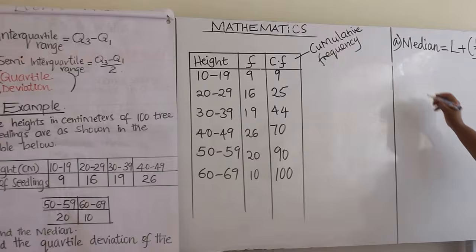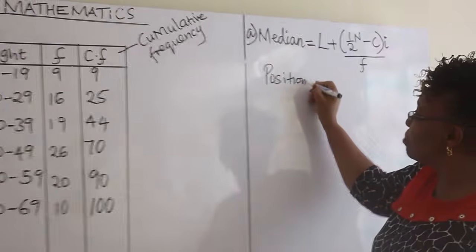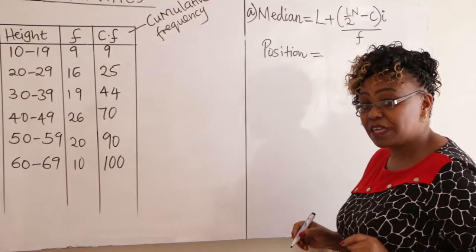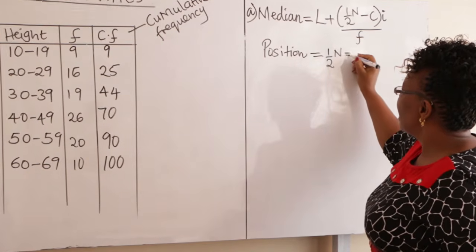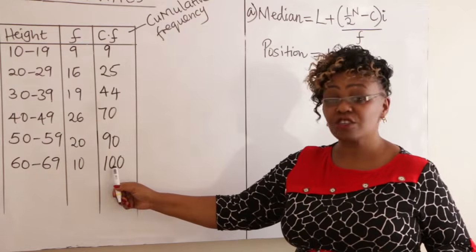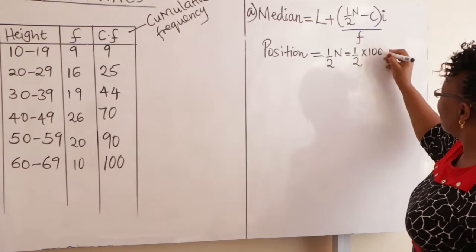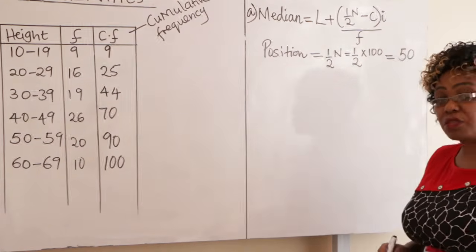So from there you get the position of the median. We said that the median lies at the middle of the data, so its position is a half n. In this case our n, the total frequency, is 100, and therefore our median falls on the 50th position.